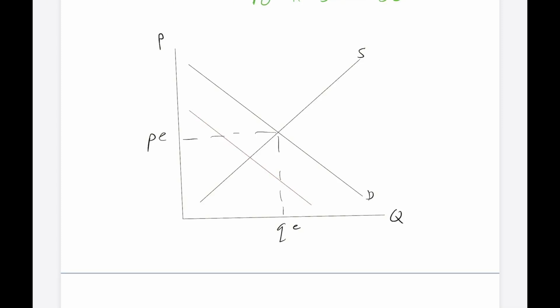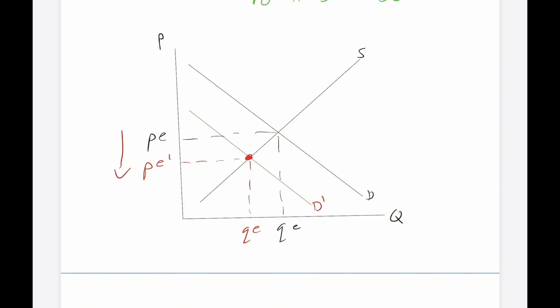So demand will decrease. That's an inward shift. We now have a new equilibrium point, and at this new equilibrium point, the price equilibrium decreases and the quantity equilibrium also decreases from QE to QE1.